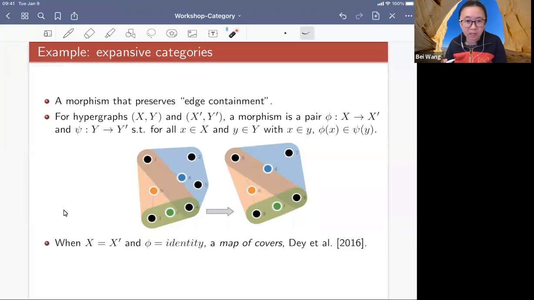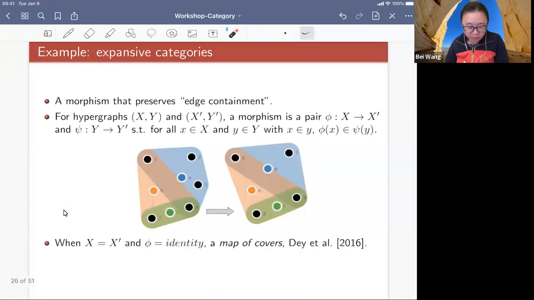If I have 2 elements in this category, each of them coming from hypergraphs, then first of all, I need to define the morphism so that if I go from this hypergraph to this hypergraph, it actually preserves the containment relation. For example, if vertex X is in some hyperedge, then through this mapping it also preserves the containment relation.